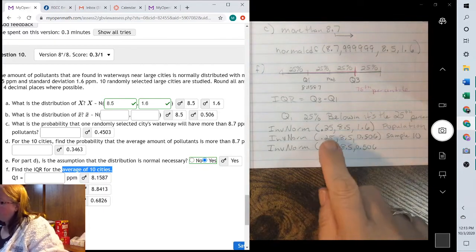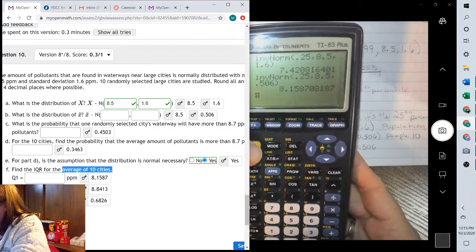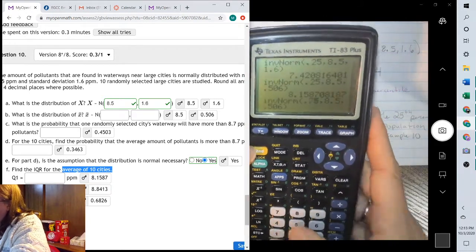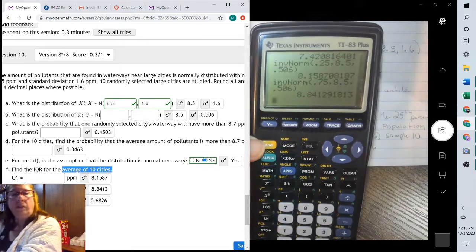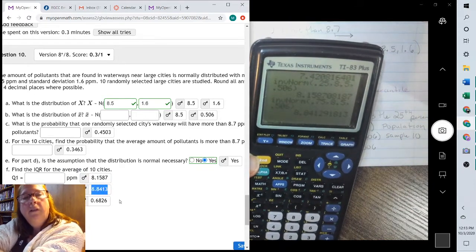So I just need to go in and change this. So I can hit second and enter, and then change that quarter to 75. Then you get your 8.84, which is right here.